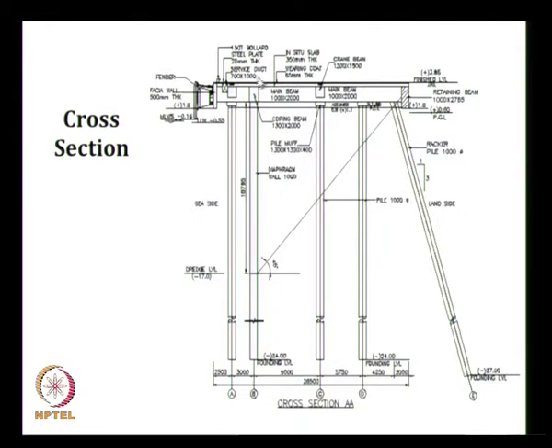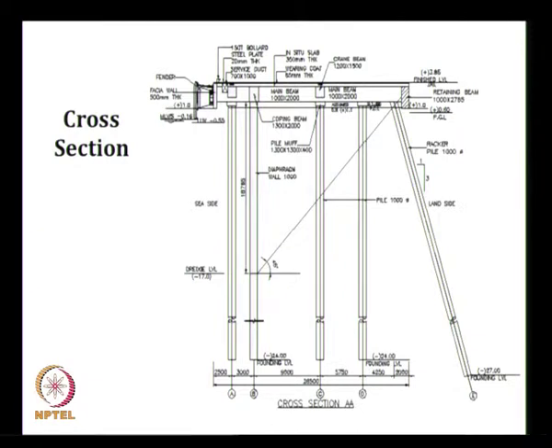Whenever any force is applied here, since the beam is very rigid, the deformation at the top of all these piles will be the same. This is called consistent deformation. Most of you might have studied the consistent deformation method in strength of materials.